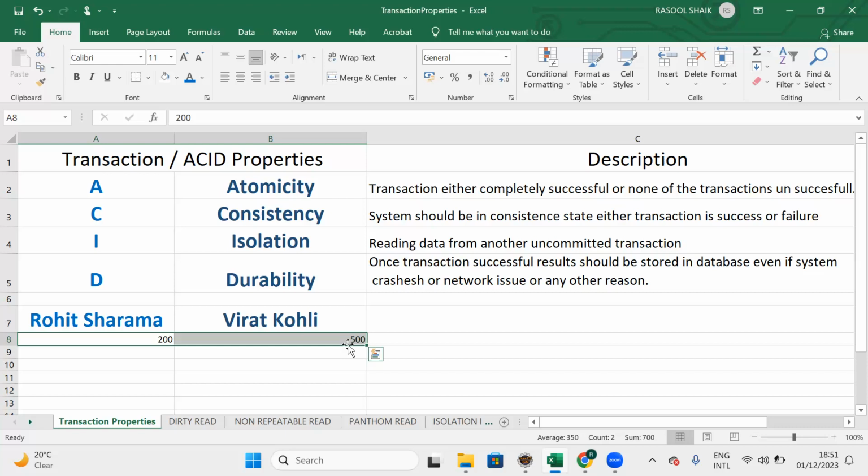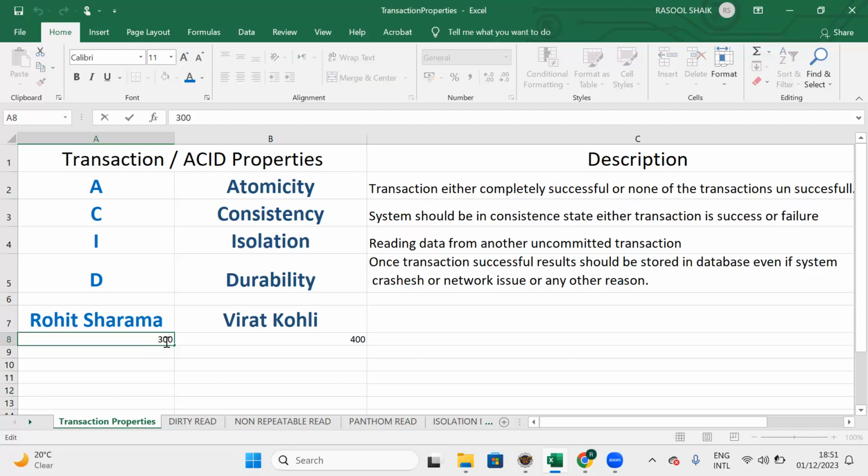This concept is nothing but consistency. Let's assume before transferring he has 300 and the other has 400, and he's transferring 100 rupees to Virat Kohli. Let's assume the transaction failed. Then Rohit Sharma's balance should be 300 and Virat Kohli's balance should be 400.